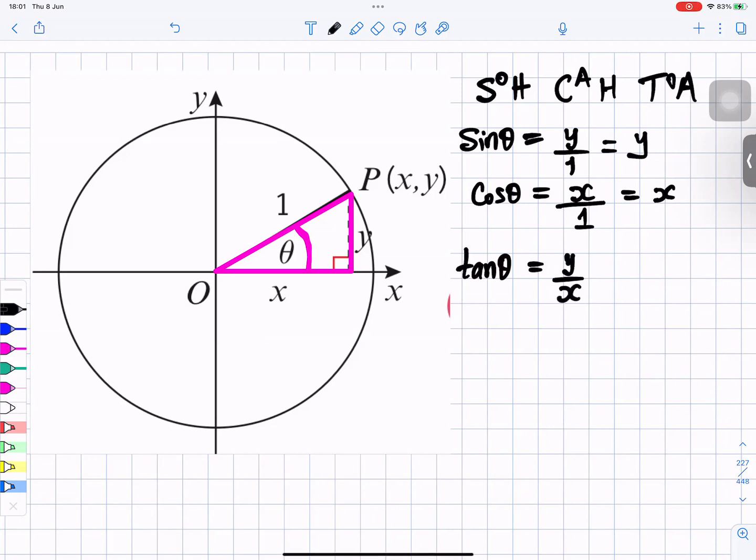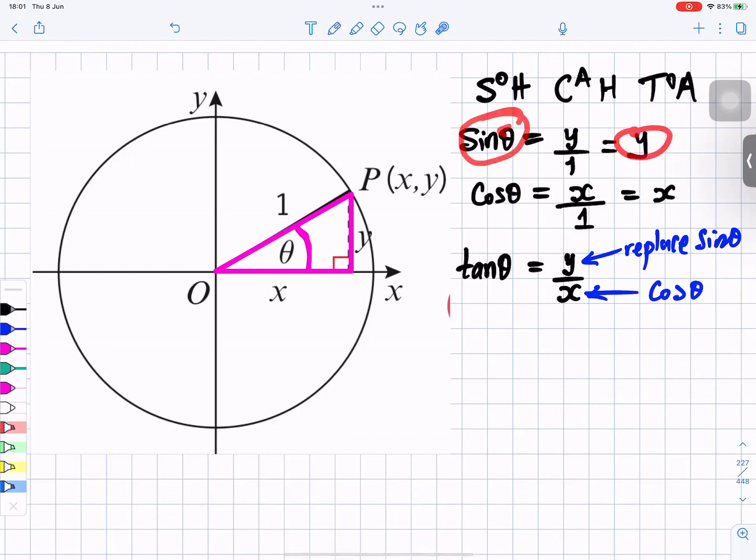Now, when you look at those three, if we replace y with sine theta, and we replace x with cos theta, because we know from the triangle y is sine theta and x is cos theta.